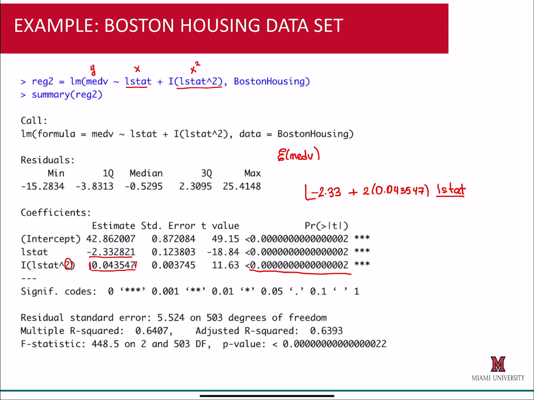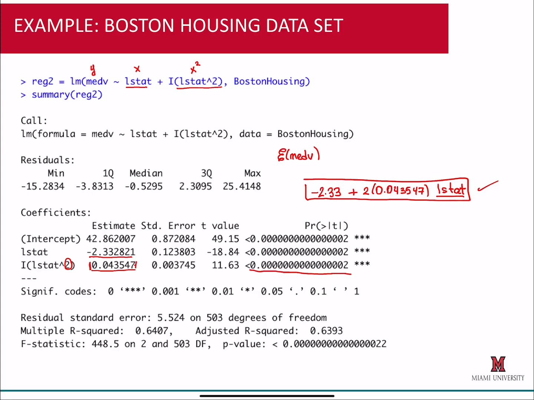So the effect will be all of this. In other words, by how much the expected value of the median homes will change will be based on this equation right here. And we would have to know the exact level of the lower status of the population.